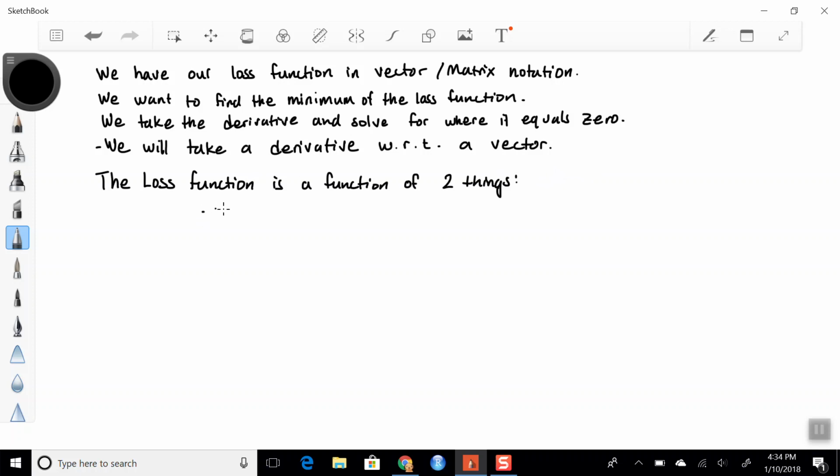One is our data output vector t, and the other is basically our model's predicted values.